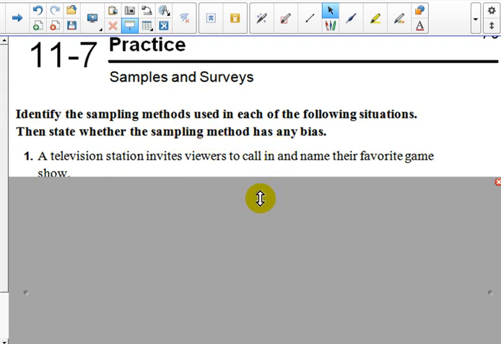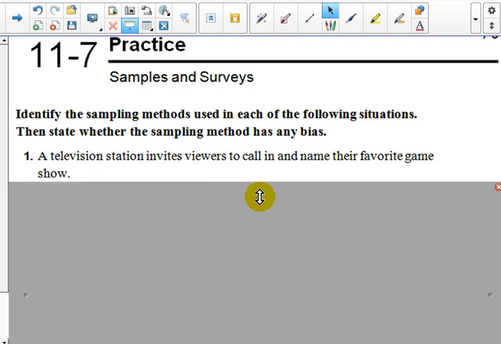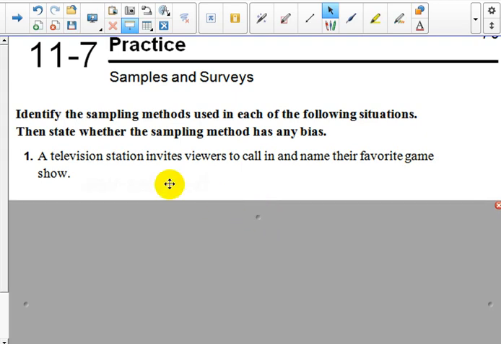So number 1 says a television station invites viewers to call in and name their favorite show. So what is that? Self-selected because they're asking you to call in. Does it have bias? Could it have bias? Yeah. How?